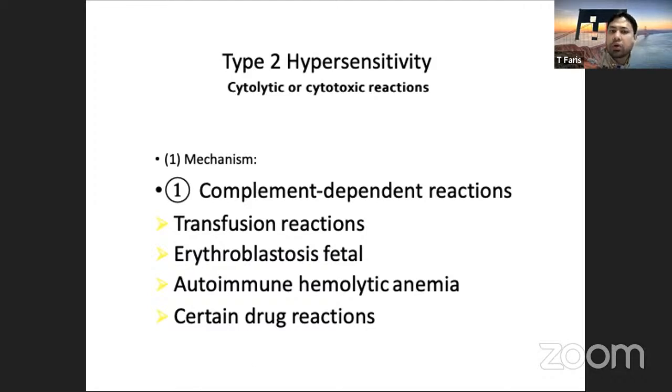It commonly causes fatality. Erythroblastosis fetalis is a type of hemolytic anemia as well, but it occurs in neonates or in the fetus, and it is caused by the transplacental transmission of the maternal antibody to the fetal RBCs. This is the transfer of the maternal antibody to the baby, so it can cause some reactions, because not all of the mom's antibodies are suitable or stable when they come into the baby.